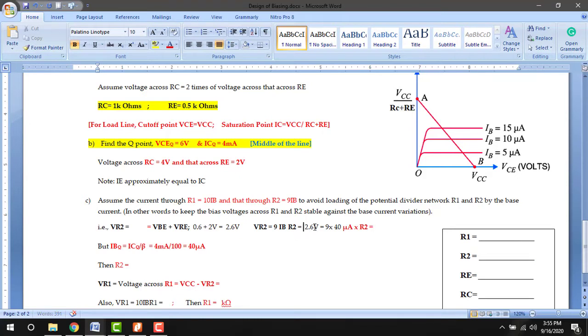This is our expression: 2.6 volt is equal to 9 times IB into R2. The only unknown parameter is R2. Using the calculator, the R2 value will be 7.2 kilo ohm.